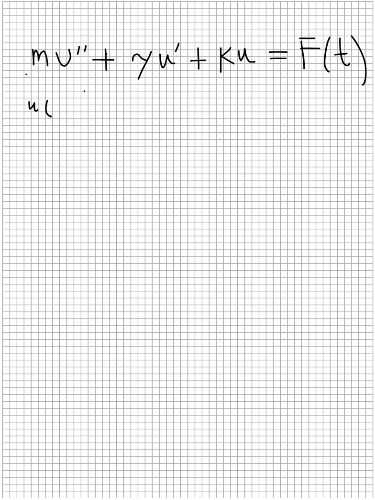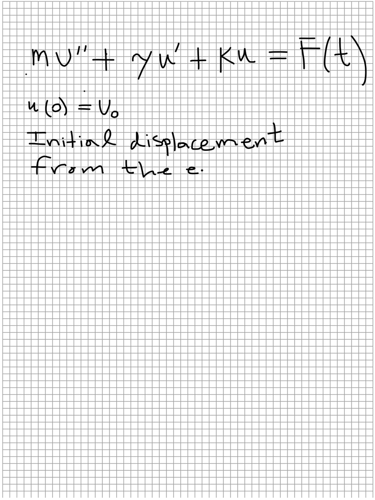The first one was u of 0 equals u naught, and this referred to the initial displacement from the equilibrium position, or POS for short.